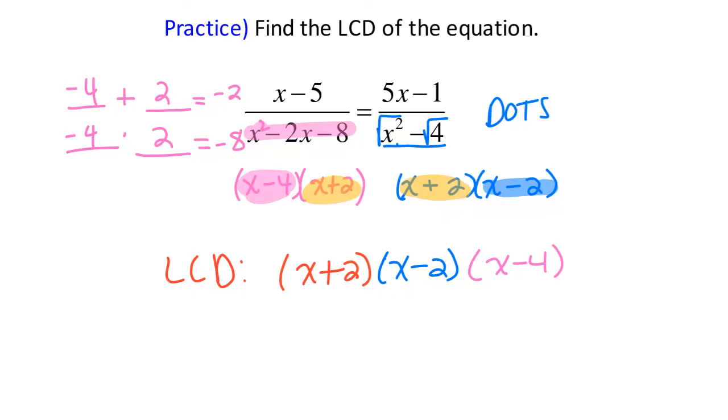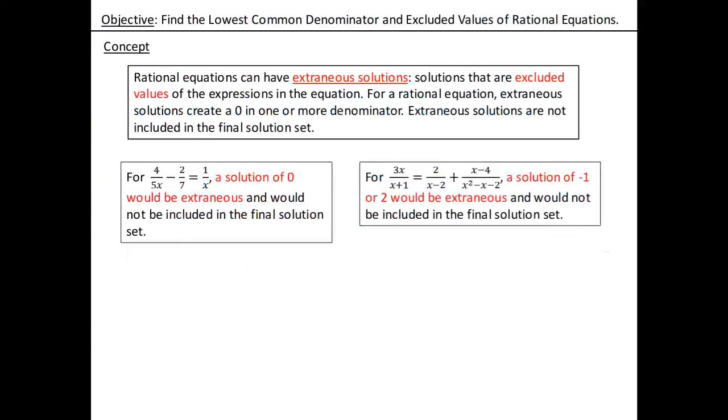All right, so next we're going to learn about excluded values and extraneous solutions. At the top of the second page, we have rational equations can have extraneous solutions. An extraneous solution is a solution that is an excluded value of the expressions in the equation.